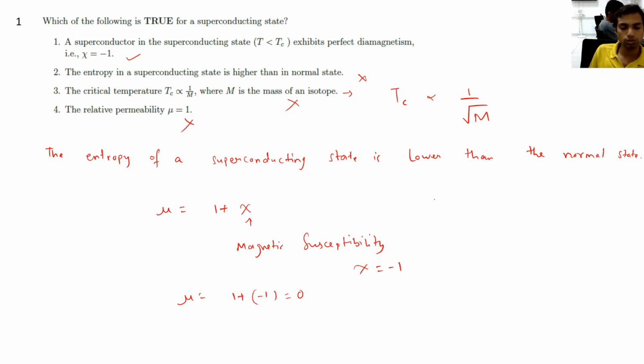And if you ask why, it is because the Meissner effect tells us that the field inside the superconductor has to be 0.